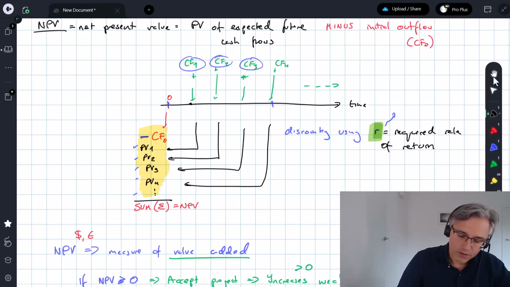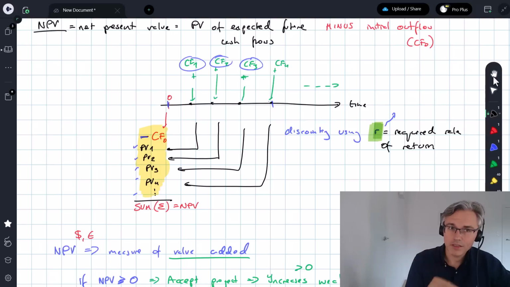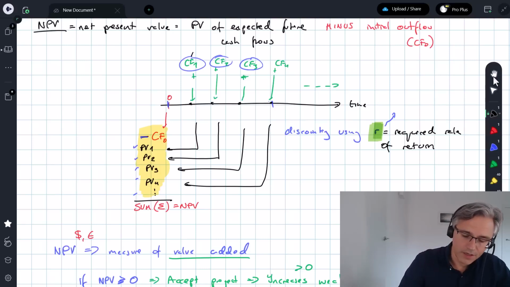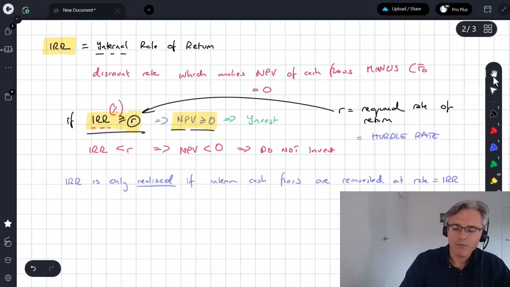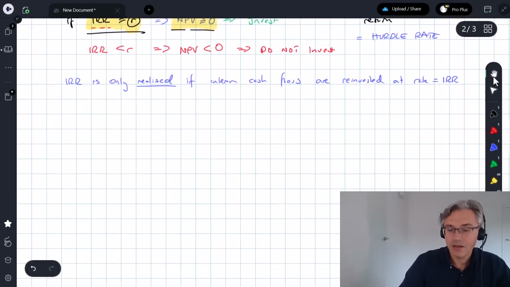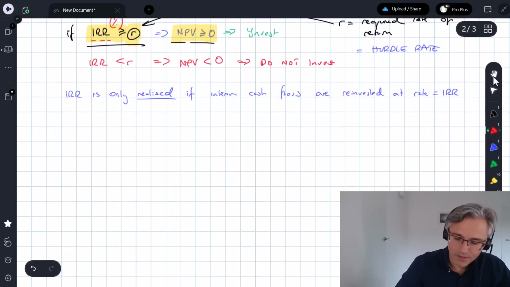Over the 1, 2, 3, 4-year horizon, you'll only generate an annualized rate of return equal to the IRR if you can take each one of these and reinvest them until the project end, which over here happens at the end of year 4, at a rate equal to the IRR, which often is going to be unrealistic.